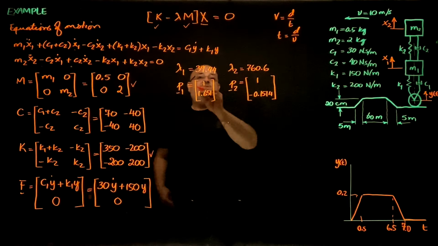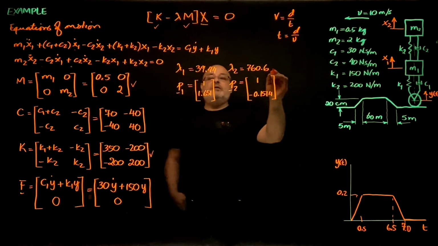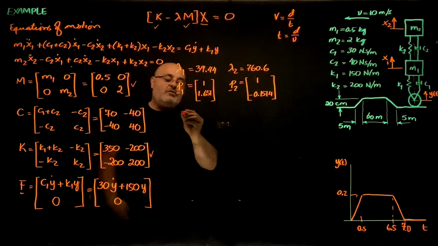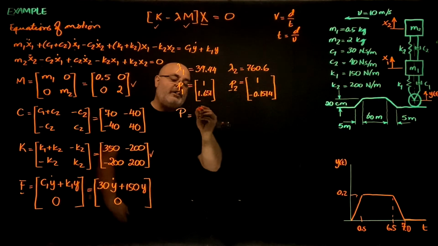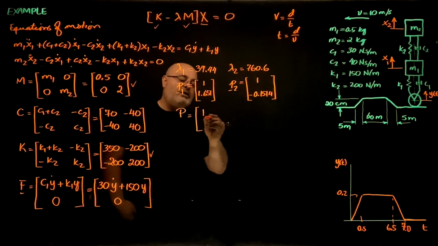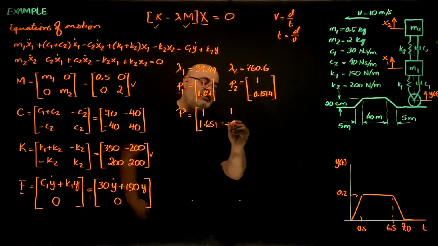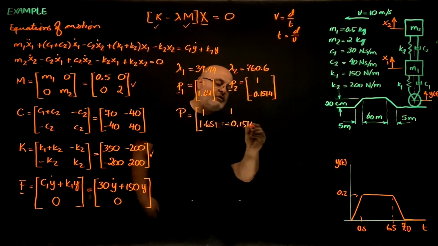Using manual calculations, here are my two eigenvalues, which are the squares of the frequencies, and the two eigenvectors, which make the matrix of eigenvectors 1, 1.651, and 1 and negative 0.1514.